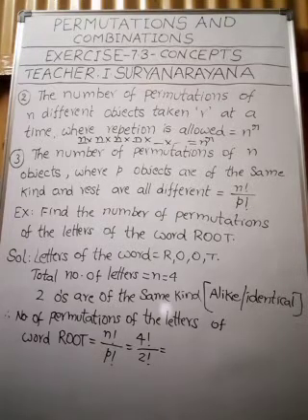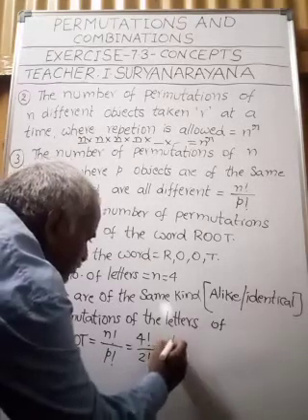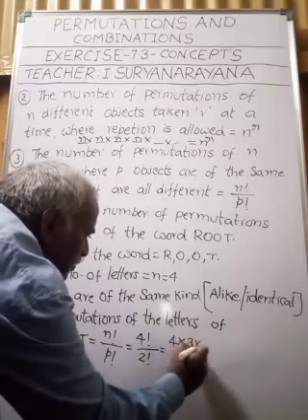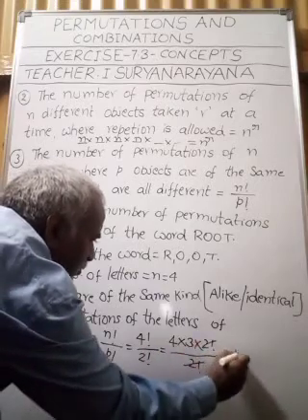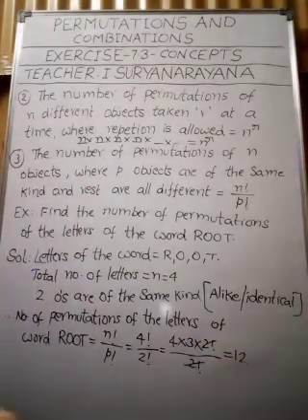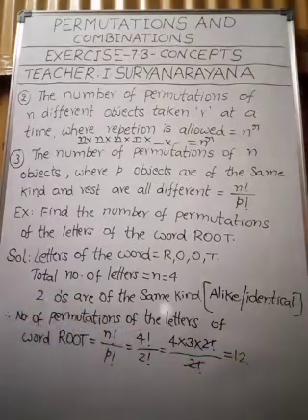All objects are distinct. Understood? Right. So 4 into 3 into 2 factorial by 2 factorial. So totally we get 12 arrangements, 12 permutations.